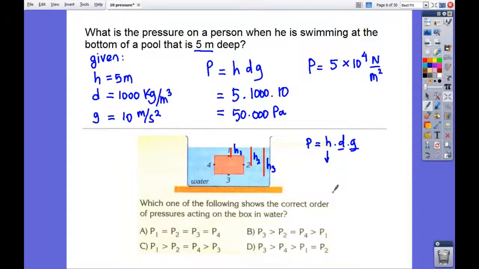So it only depends on the depth. Let's write it down from the biggest to the smallest: H3 is bigger than H2, which equals H4, which is bigger than H1. Therefore, the pressure will follow this order. The answer is B.